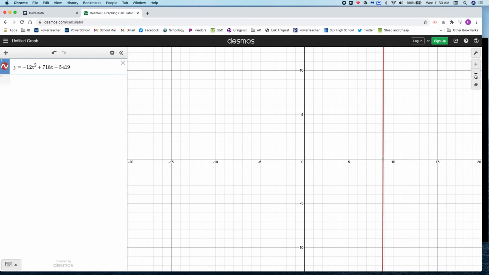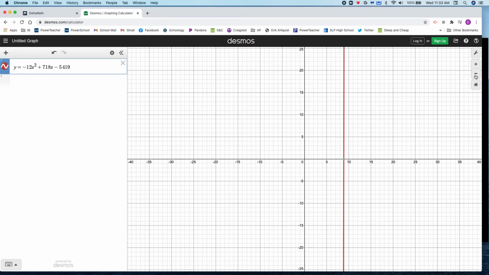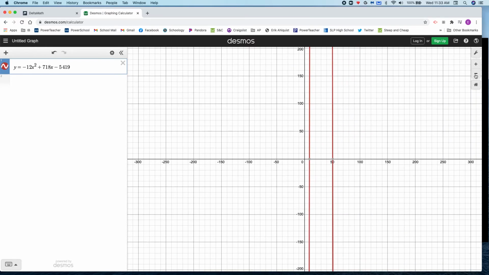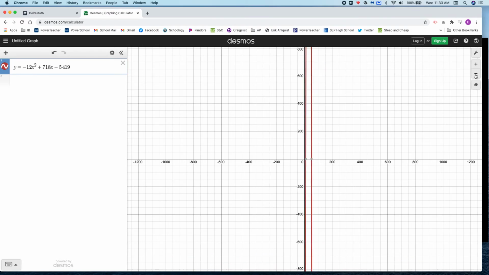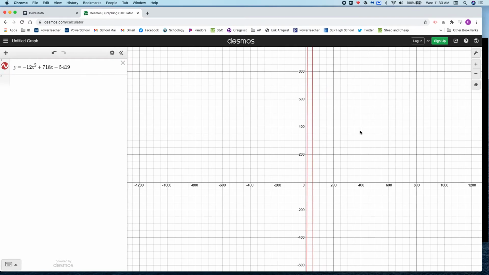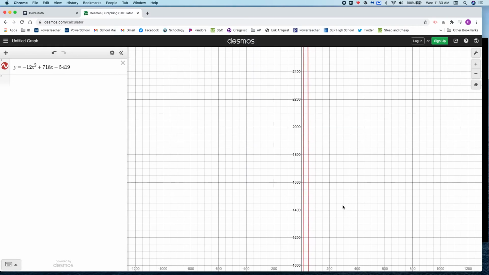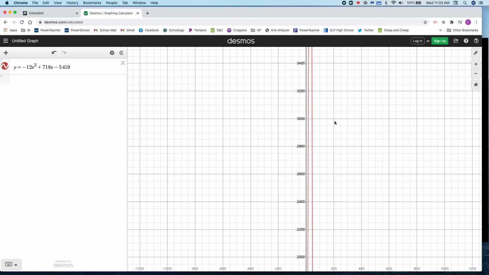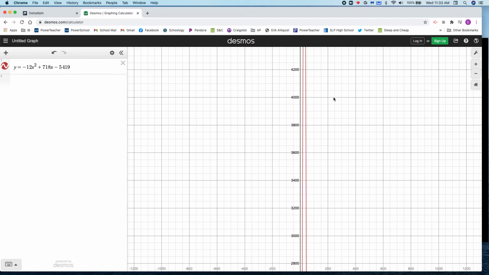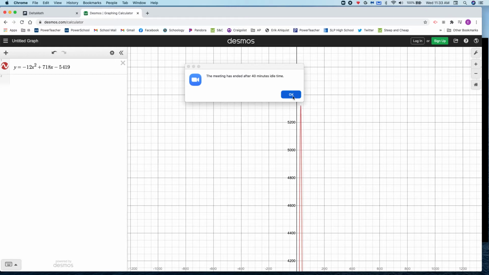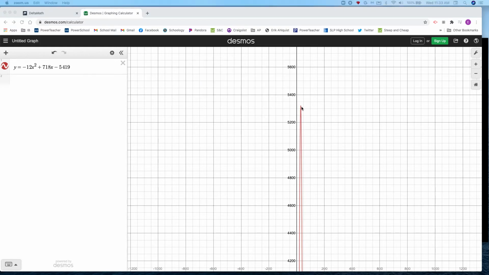But if I start zooming out, I'll get a picture of this parabola. And I'm looking for that maximum value. I can start moving this around and dragging this up. I know that that maximum is somewhere way up here. Well, if I go all the way up to the tippy top of this parabola, I get that value right there.